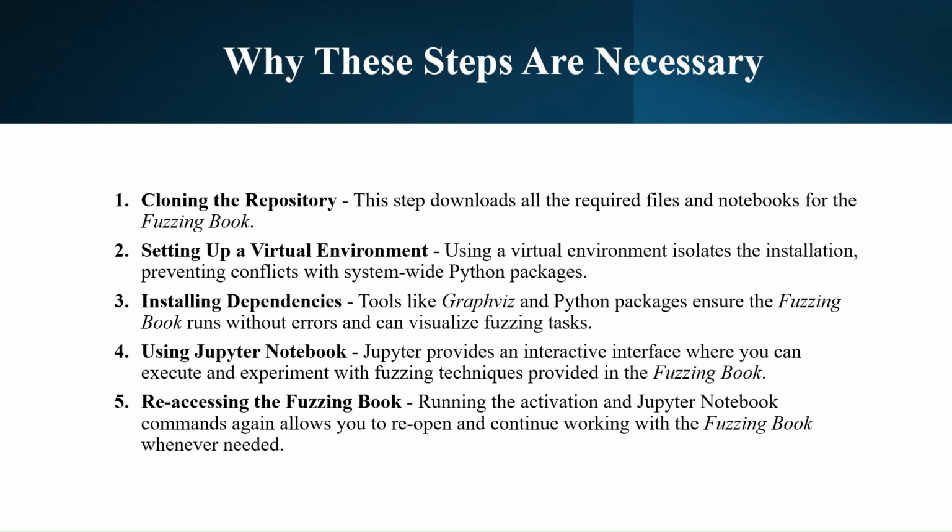Using Jupyter Notebook. Jupyter provides an interactive interface where you can execute and experiment with fuzzing techniques provided in the Fuzzing book. 5. Re-accessing the Fuzzing book. Running the activation and Jupyter Notebook commands again allows you to reopen and continue working with the Fuzzing book whenever needed. These steps ensure your setup is clean, efficient, and ready for fuzzing tasks.